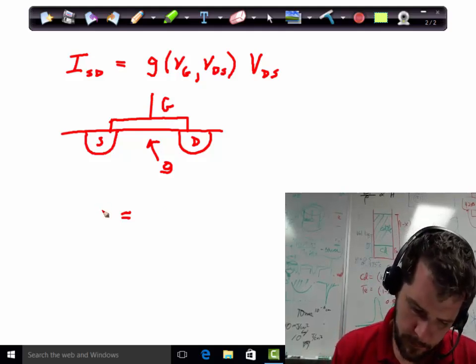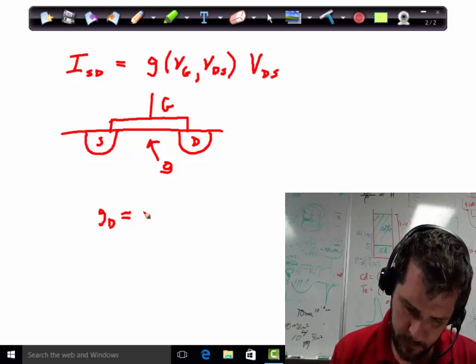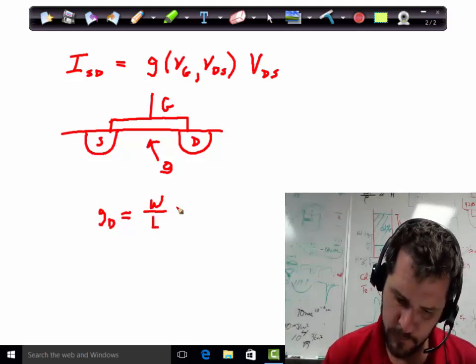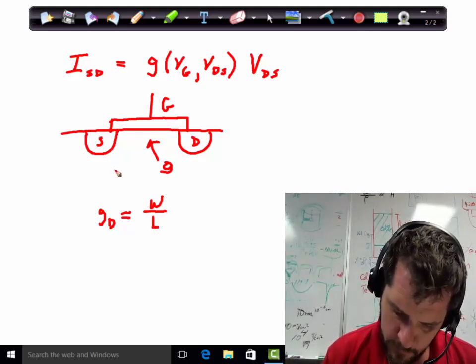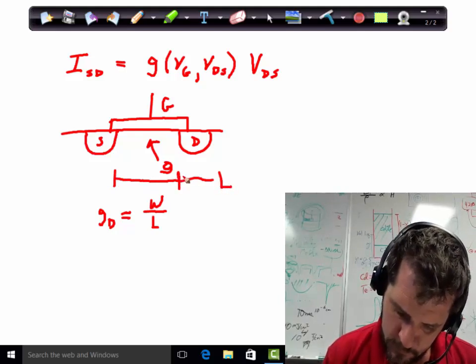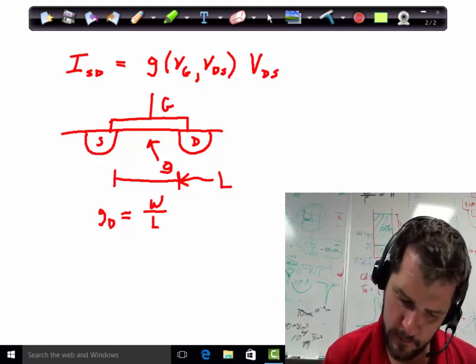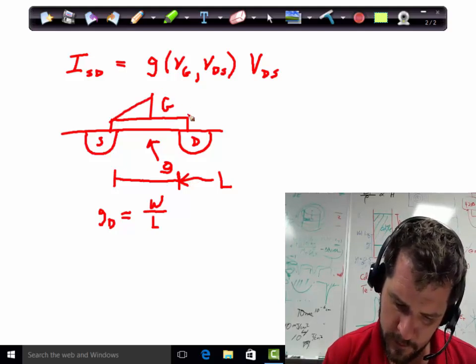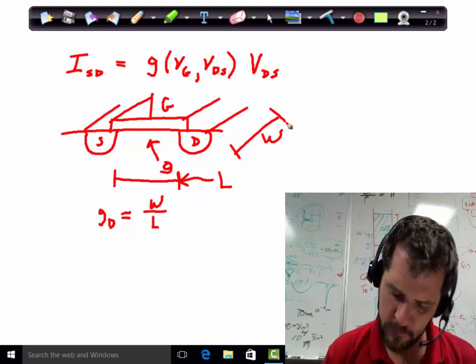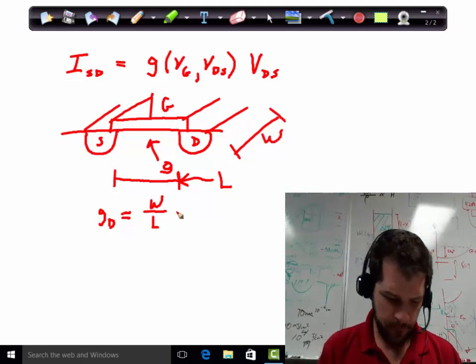And so we can write that G, the transconductance, is some function of geometric variables, the width times the length, and on this picture the length L is the distance between the source and the drain. You can imagine the device going back into the page here, and so width would be the dimension going that way.